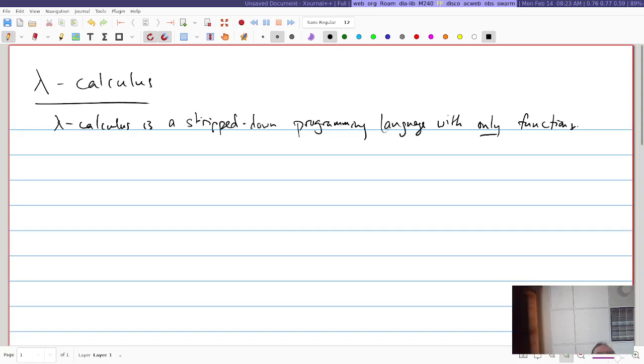So let me define the syntax of lambda calculus terms using a little recursive grammar, like we've done before. T stands for an arbitrary lambda calculus term. So one thing it could be is a variable. It doesn't have to literally be the letter X. We'll just use lowercase letters to stand for variables, any variable name you want.